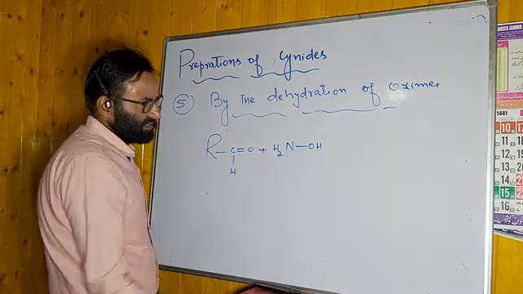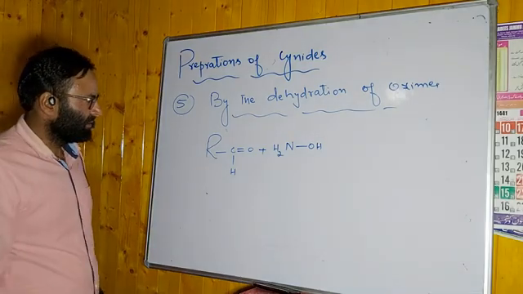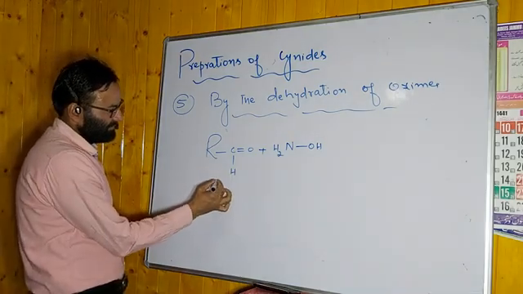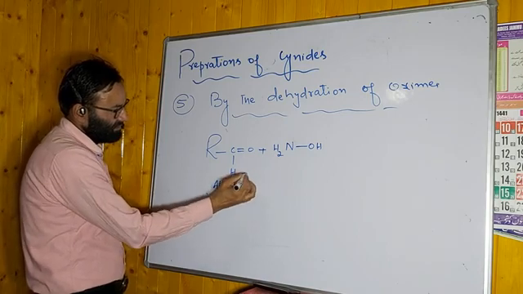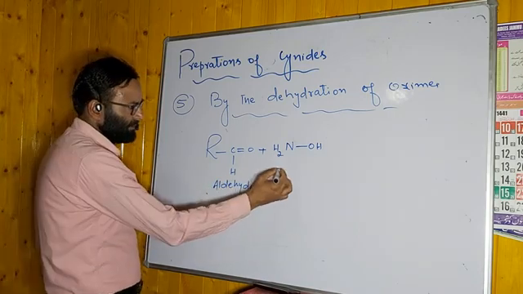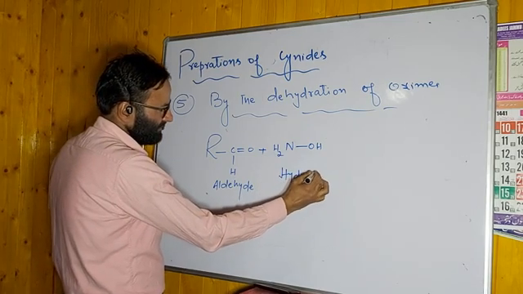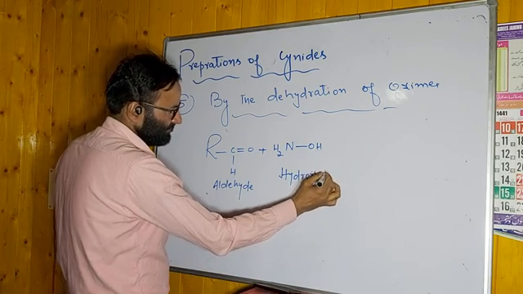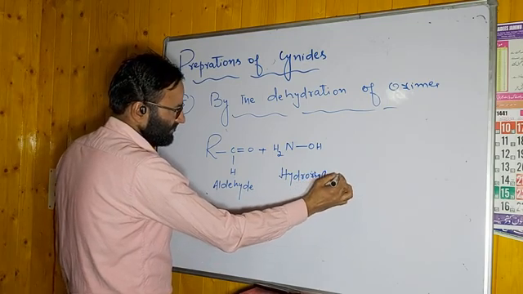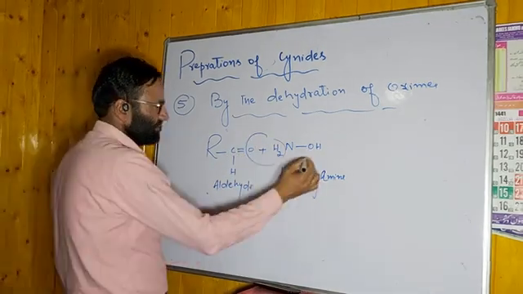This is the reaction we have discussed in the properties of aldehydes and ketones. This is aldehyde, and this is hydroxylamine. Water comes out here. Now what will you have?